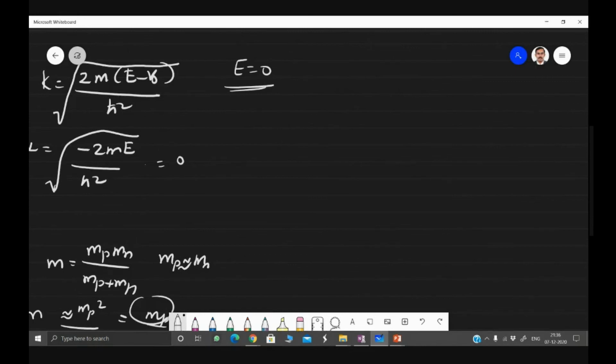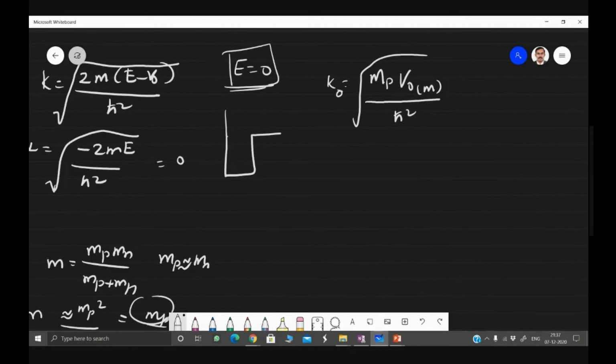This 2 gets cancelled, so we have simply K given by the square root of Mp V naught divided by H cross square. Let us denote this as K naught. So this is for a just bound system, that means in the square well potential, we are assuming this state instead of this E.